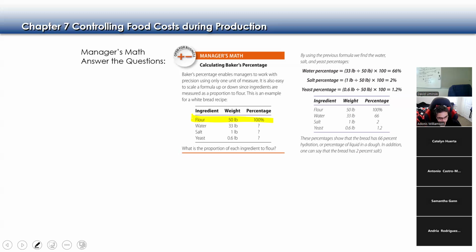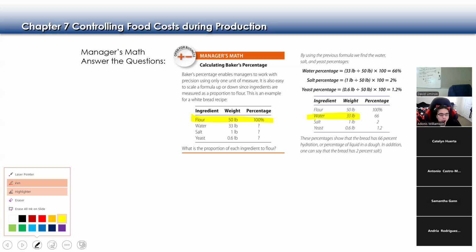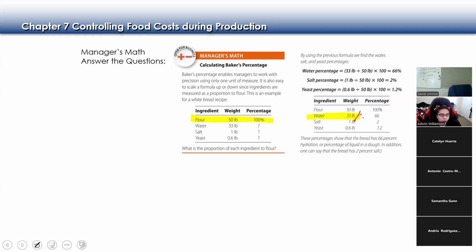So basically we're going to compare the other ingredients to that flour weight. When we divide 33 pounds by our 50 pounds, we're going to get 66%.